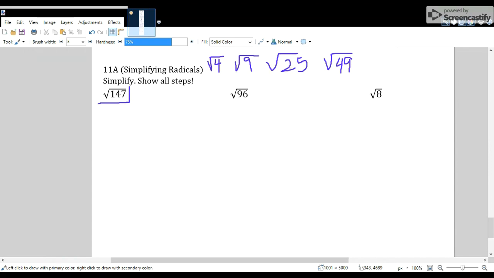Let's try 49. 147 divided by 49, that equals 3, so yes, that will work. So divide by the square root of 49. The square root of 3, there's no other perfect squares you could take out of that, so that's left over. So your simplified radical would be 7 square root of 3.